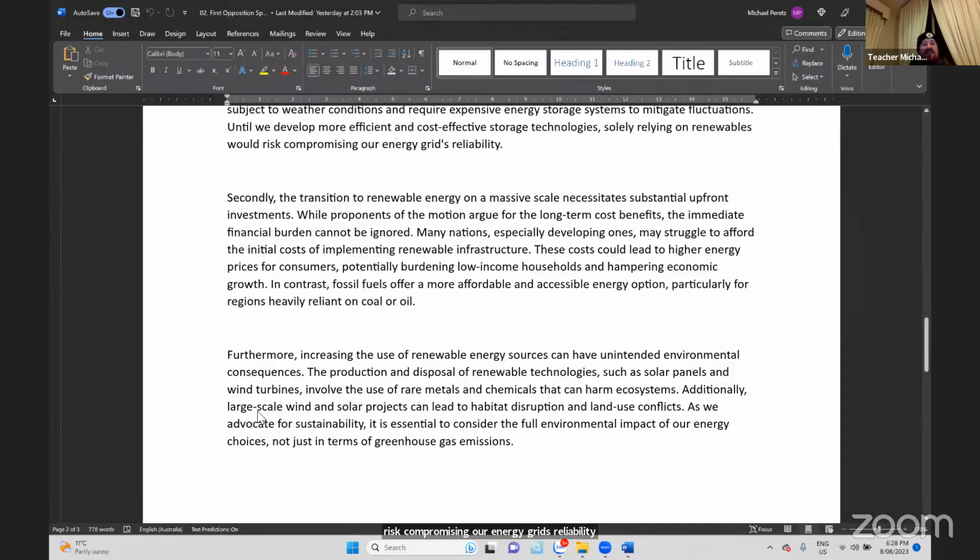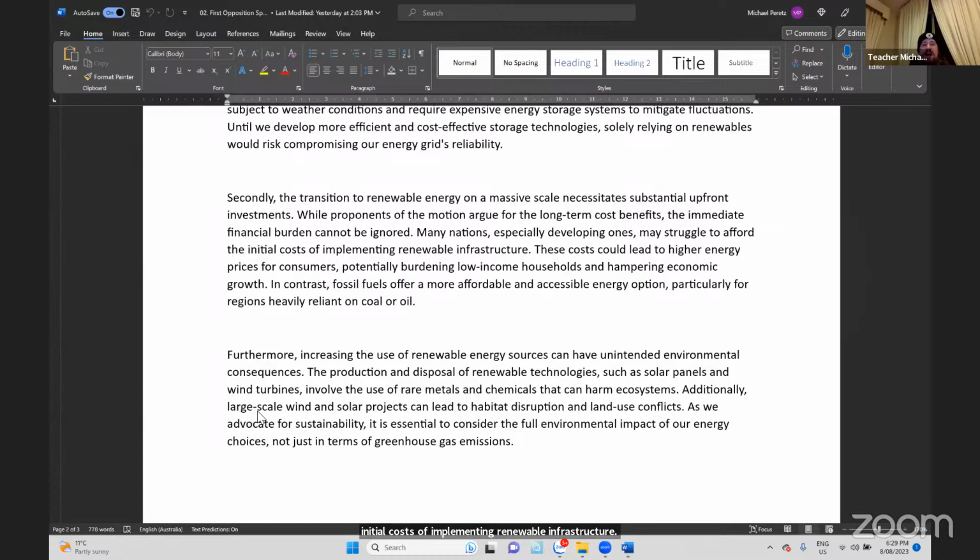Secondly, the transition to renewable energy on a massive scale necessitates substantial upfront investments. While proponents of the motion argue for the long-term cost benefits, the immediate financial burden cannot be ignored. Many nations, especially developing ones, may struggle to afford the initial costs of implementing renewable infrastructure.